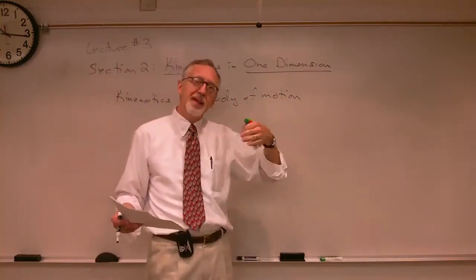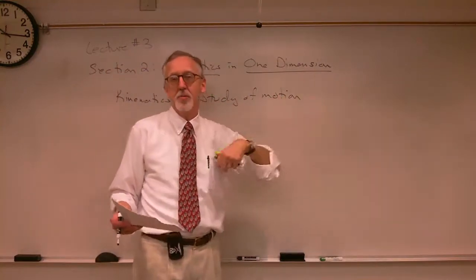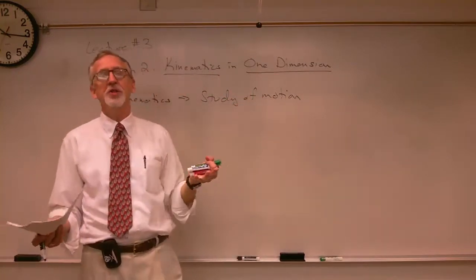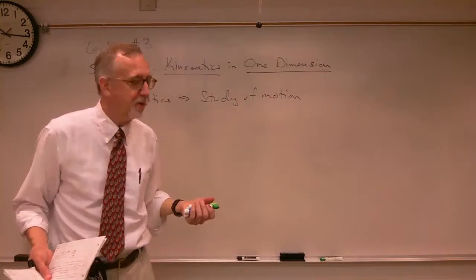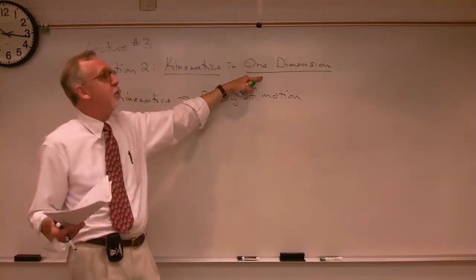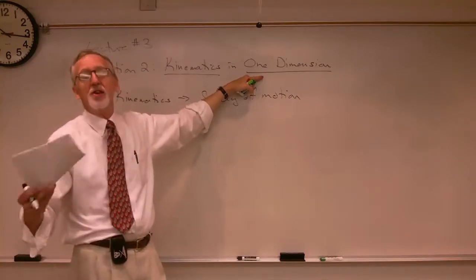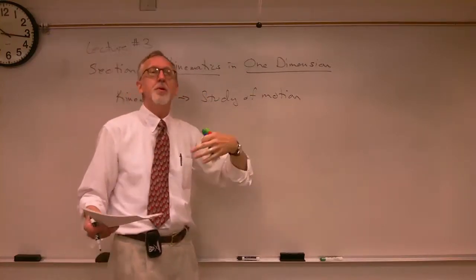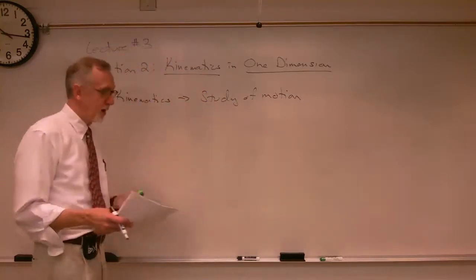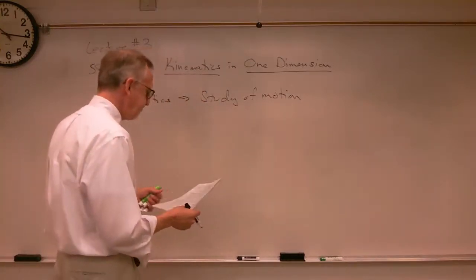All you really care about is one dimension of your motion. So many types of motions are at least approximately one-dimensional. And also, once we get a good understanding of one-dimensional motion, it will lead very easily and directly into two-dimensional and three-dimensional motion. So it's a good start for us to get into more complicated behaviors later on.